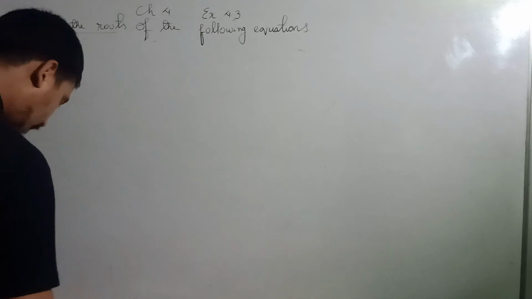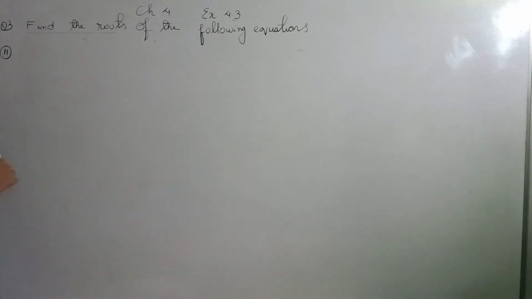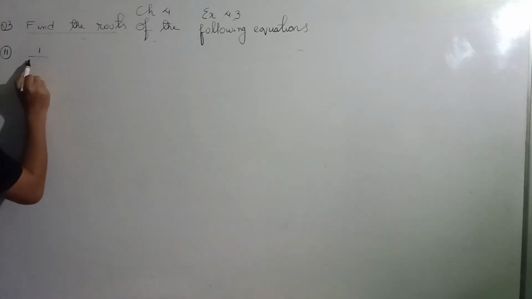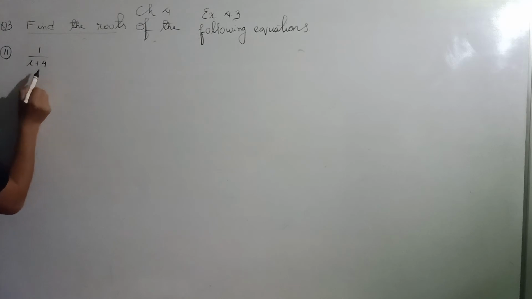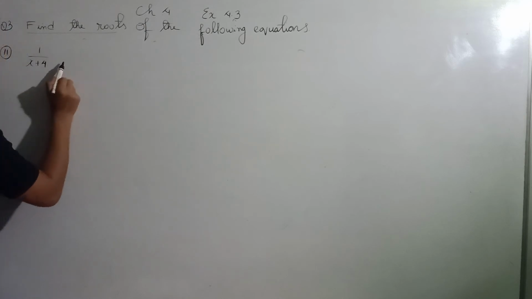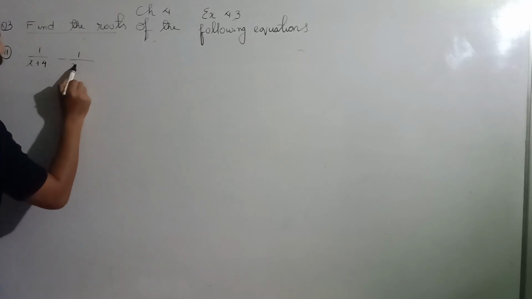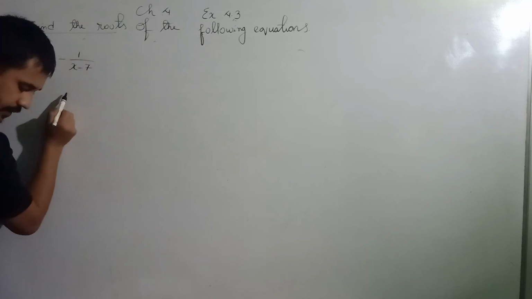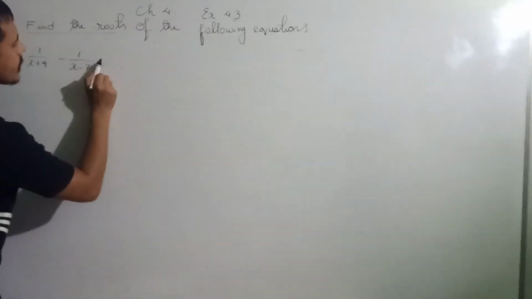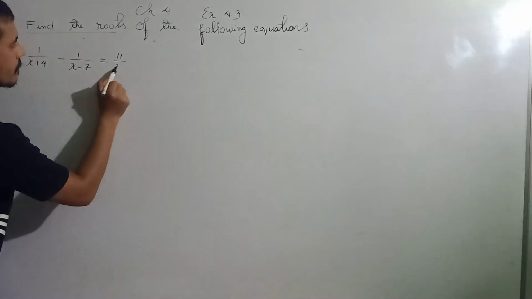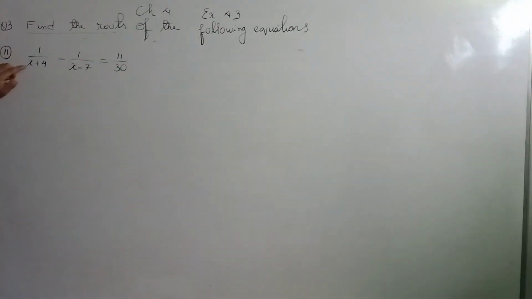In Roman 2 we have 1 upon x plus 4 minus 1 upon x minus 7 is equal to 11 by 30. And also x is not supposed to be minus 4, x is not supposed to be 7.